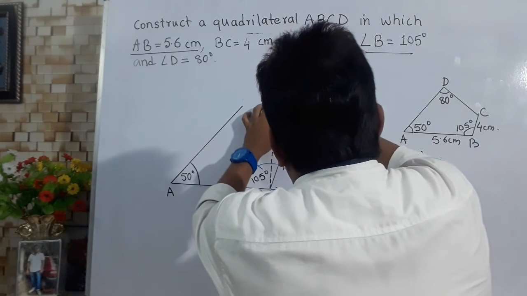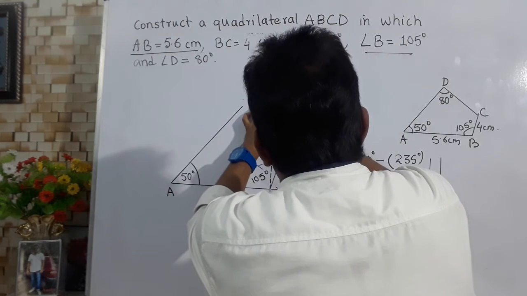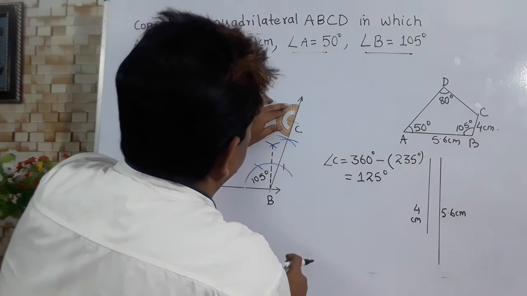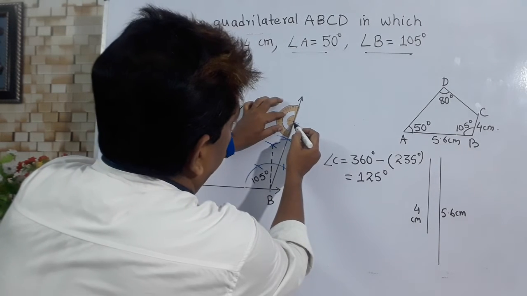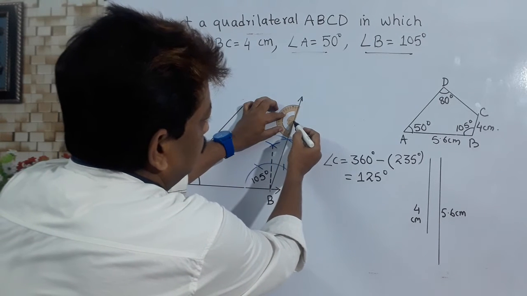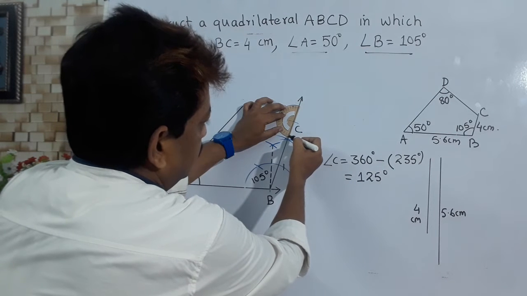So using the protractor again, 125 degrees, we have to construct. Now see this. Since we are drawing the angle inside the quadrilateral, means we have to use this line as the reference line, this side.